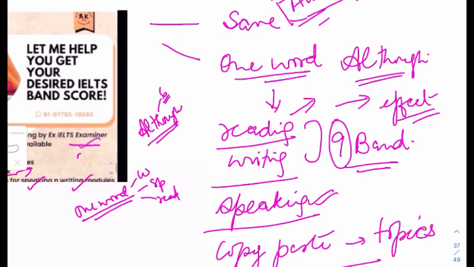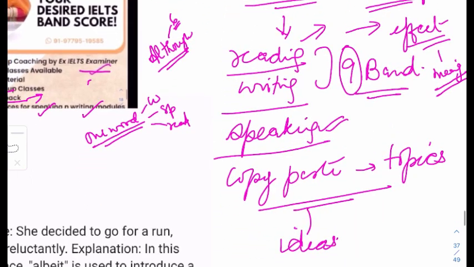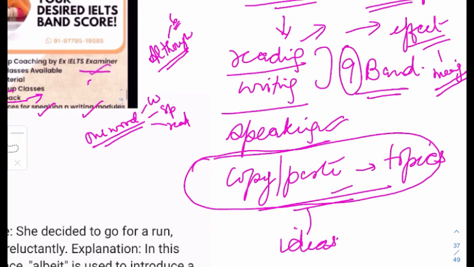So we will have the construction of these sentences, and the icing on the cake is that at the last you will get copy paste sentences for the topics that are important for IELTS, and also ideas for those through this word albeit.